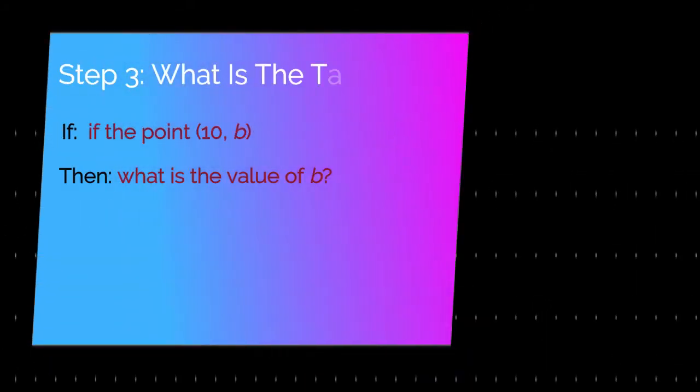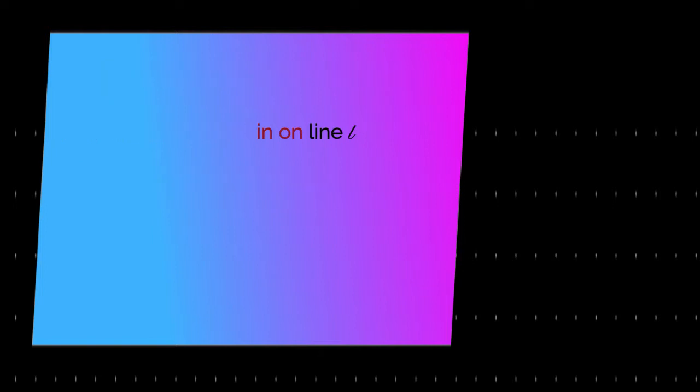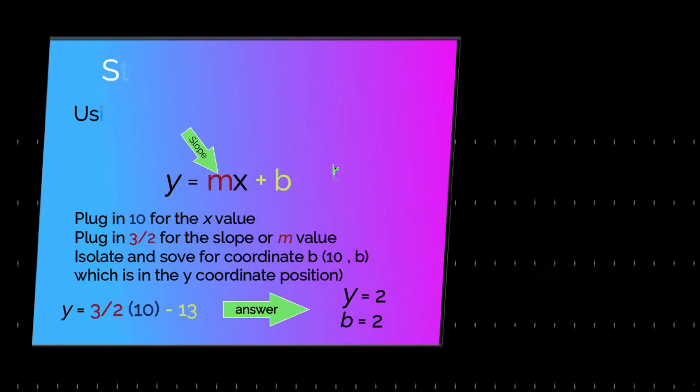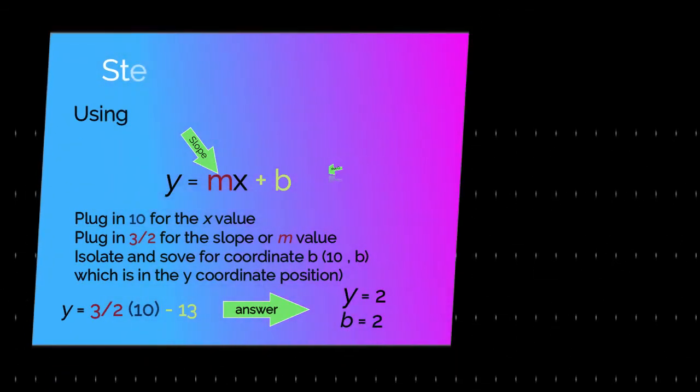If we go back to the question, it asks, if the point (10, b) is on line L, what's the value of b? So this is not to be confused. They're not asking about b as the y-intercept, but because they use the coordinates (10, b), b is now in the place of y.